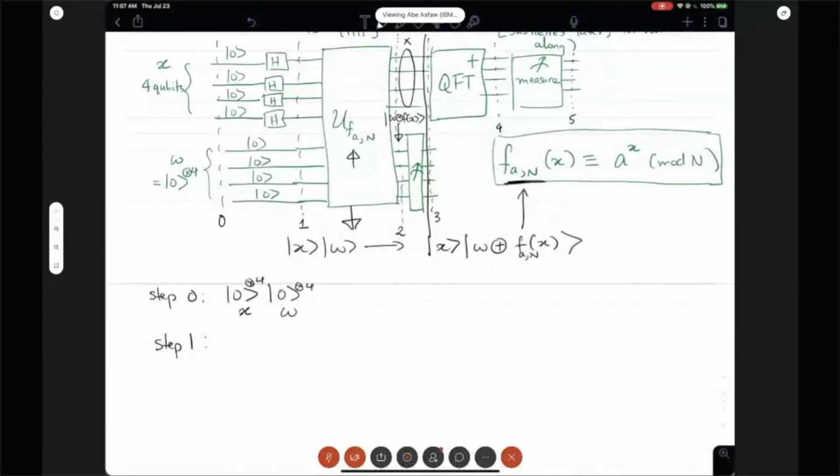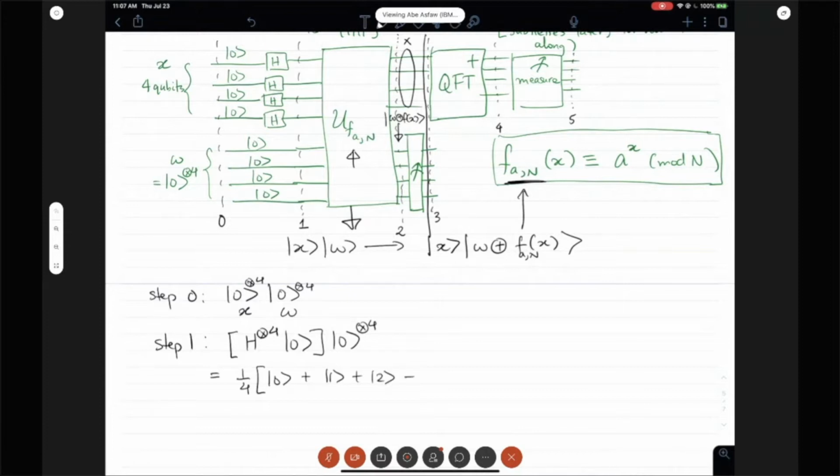So the left part gets Hadamard applied to it, and the right part gets nothing applied to it. And this is a quick reminder about the abusive notation that I told you about. What this is going to do is create the state 1/4 (0 + 1 + 2 + all the way up to 15).